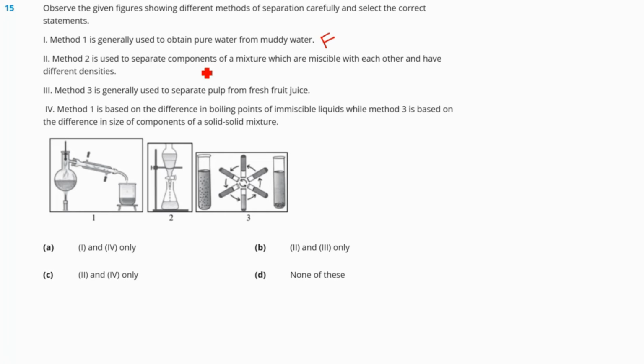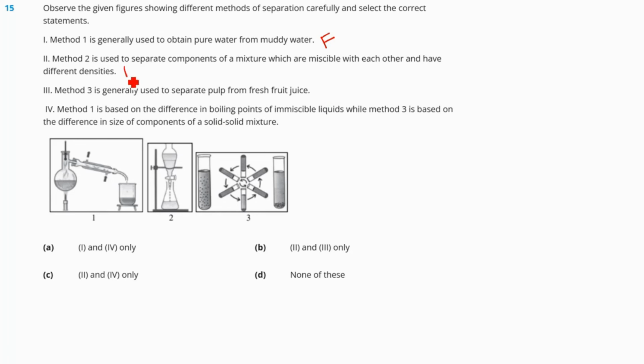Method 2 is used to separate components of a mixture which are miscible with each other and have different densities. Components of a mixture which are miscible with each other? No, this is a separating funnel. Separating funnels are used for immiscible liquids like oil and water.